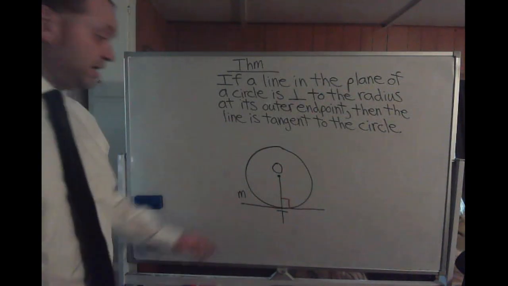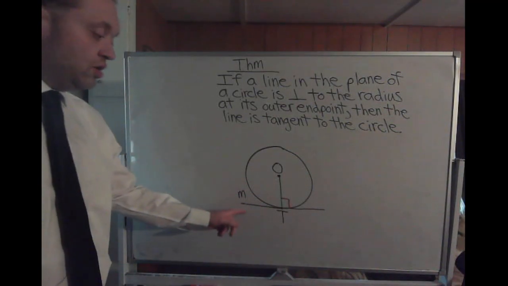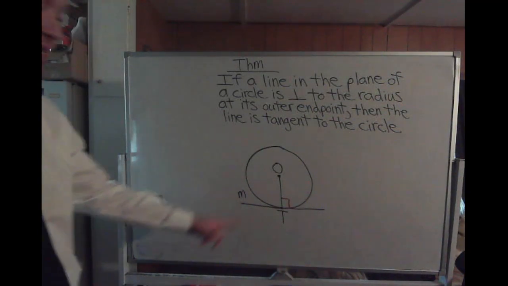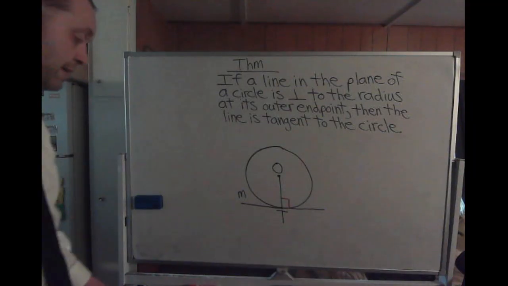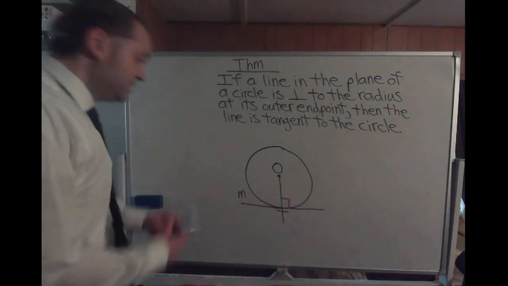So here we have circle O again, we have radius OT, we have this line M that touches the circle at point T. And line M is in fact perpendicular to OT. So let's state that.